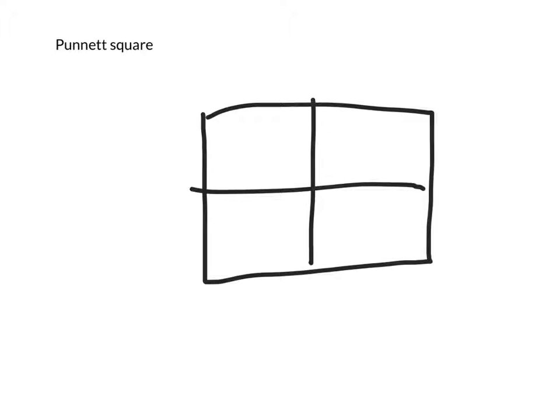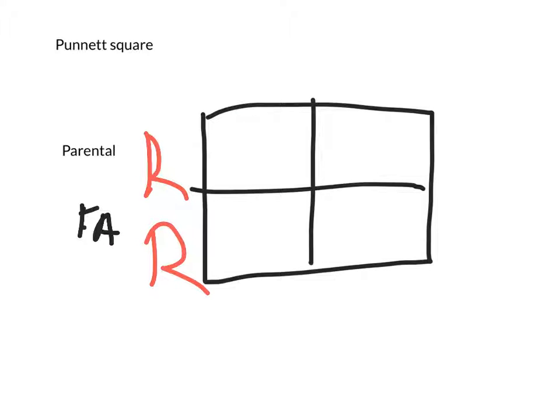Okay. On the left, first of all, is dad in the parental generation. So dad is red, RR, and that's the father.